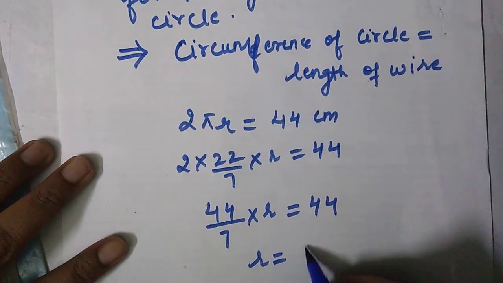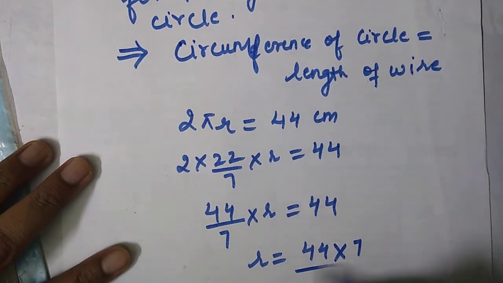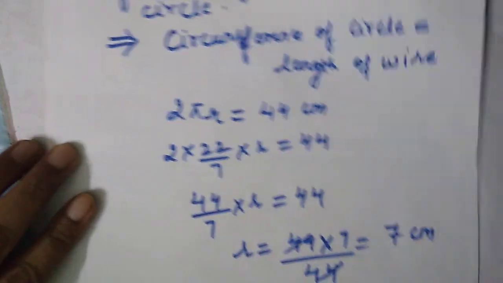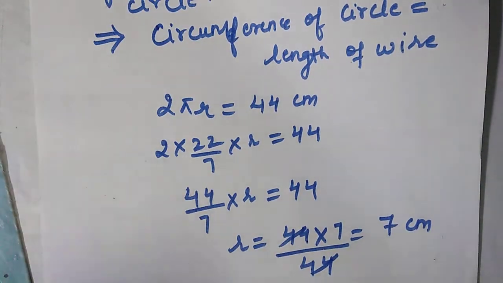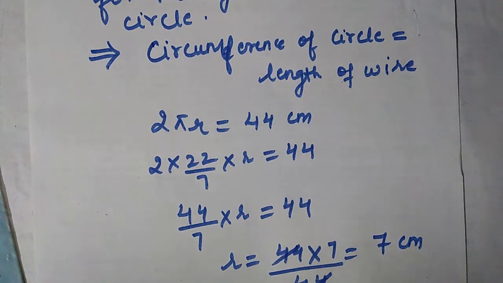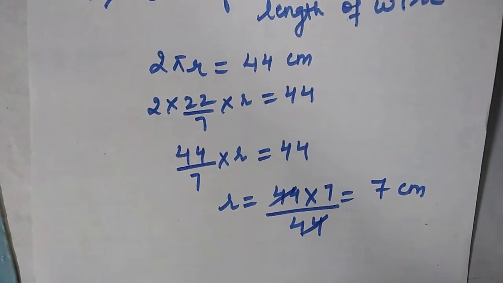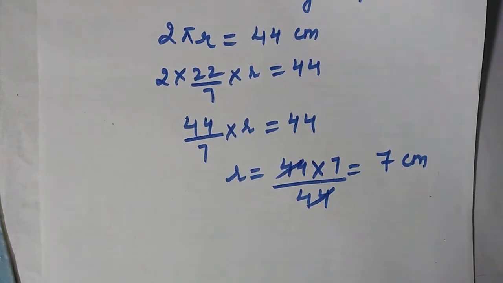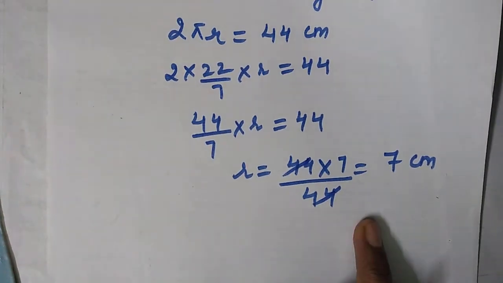Now r equals 44 into 7 by 44. So r is 7 centimeter. The main concept used here is, if you bend the same wire in the shape of a circle, then the circumference will remain the same. Circumference will be equal to the length of the wire used. So after this you have to find the area.